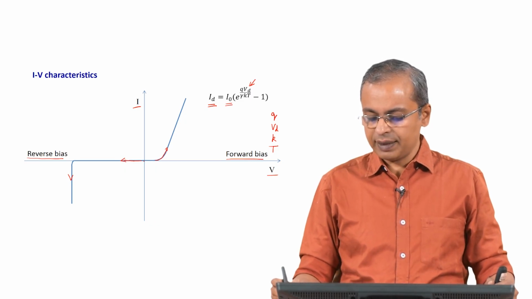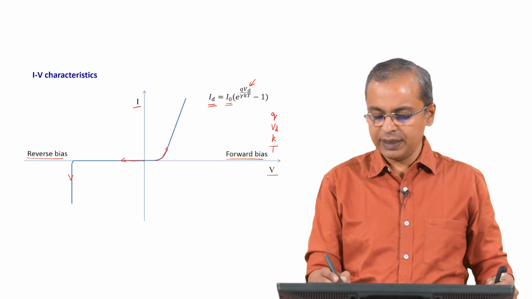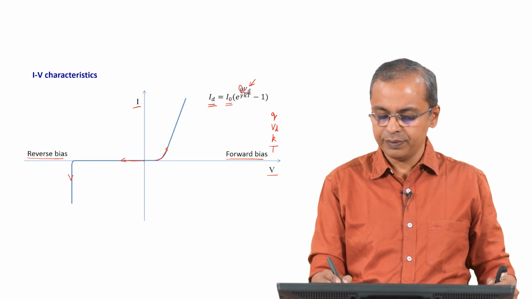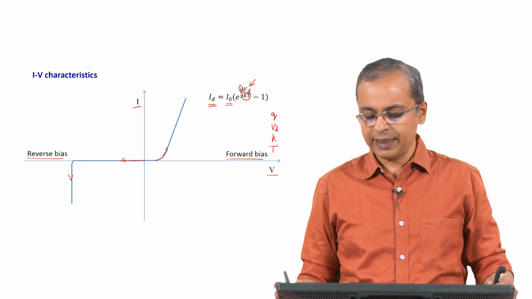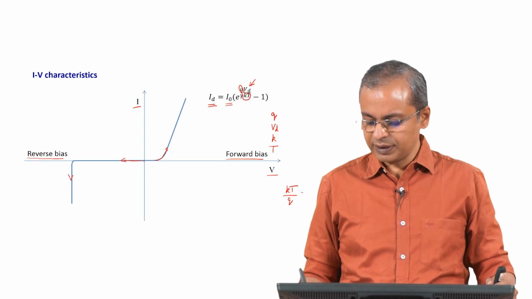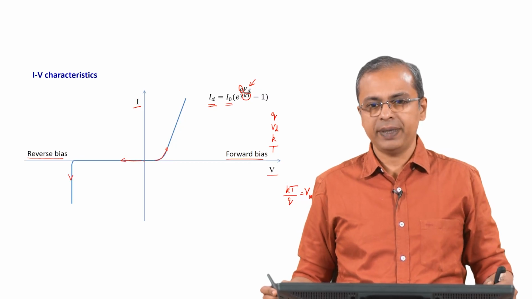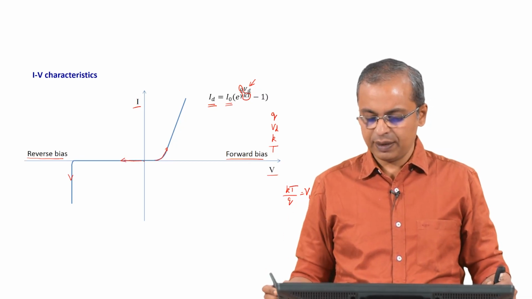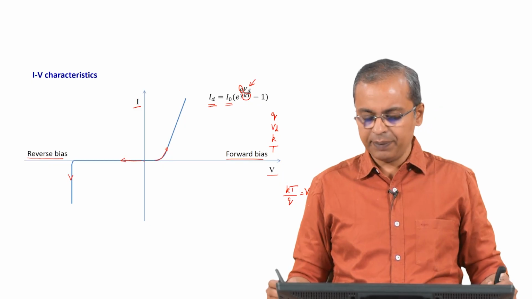In fact, you see this kT by q or q by kT listed here, but if you write it as kT by q, that is referred to as the thermal voltage. Okay.